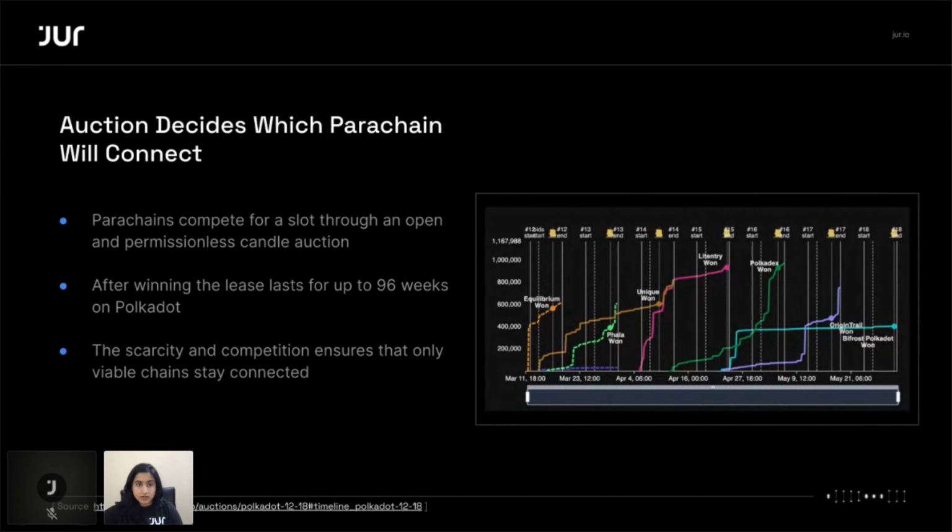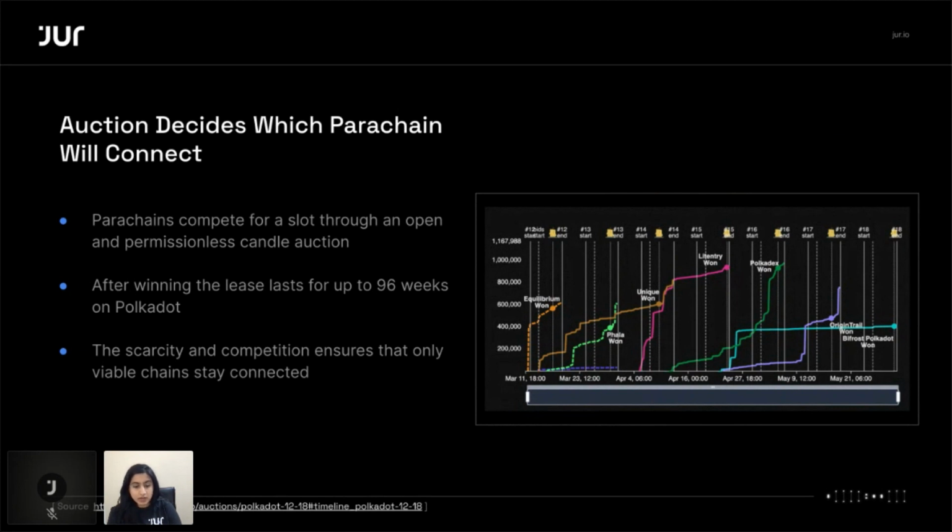Now, the point is that there are only 100 slots available, and there has to be some mechanism, some process in place so that these new blockchains can come and connect to the main relay chain, and take advantage of the entire network. And this process is called an auction.